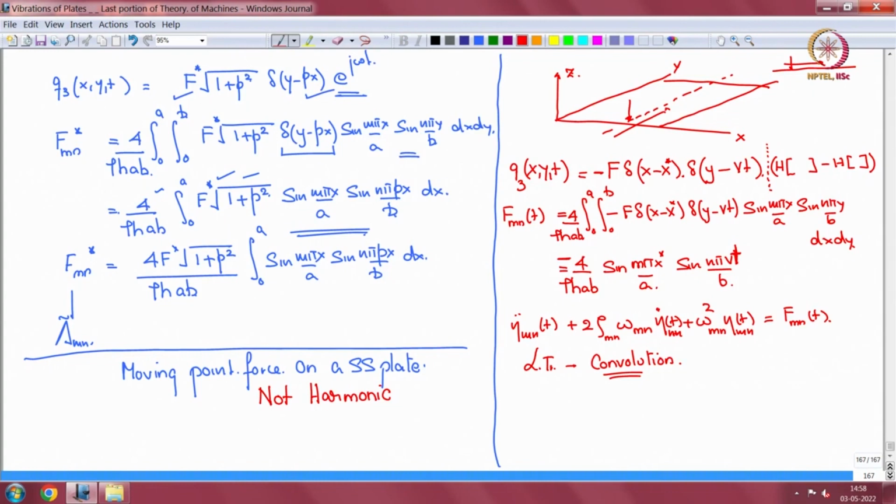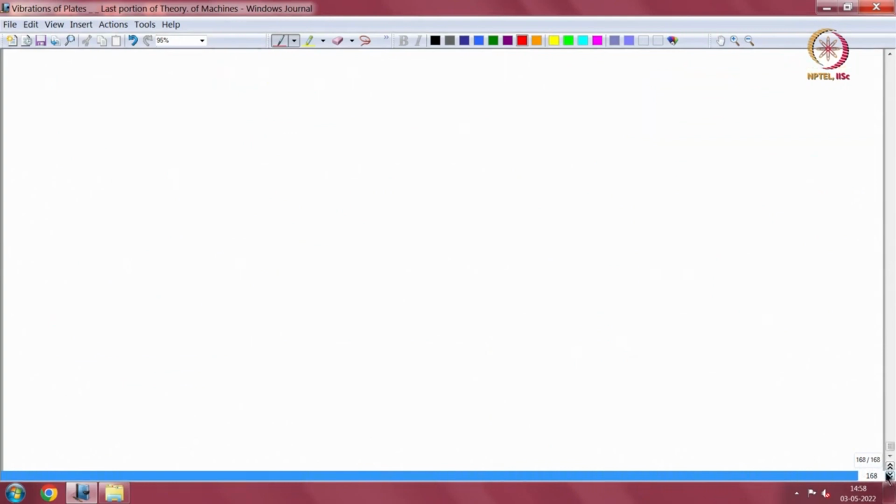So then what else? The next one is a line moment. I am just giving you all ideas. Line moment on a simply supported plate. So the geometry is similar or the same.